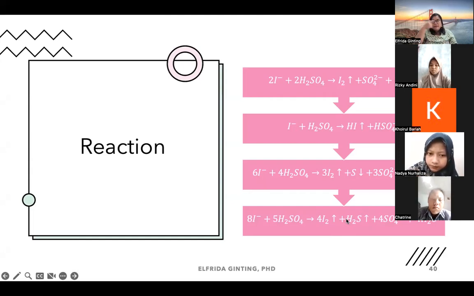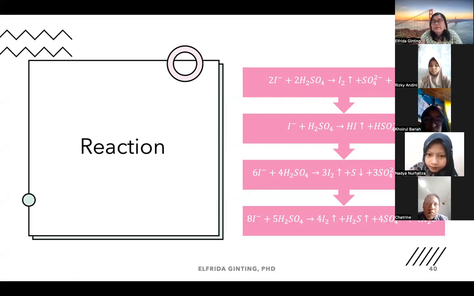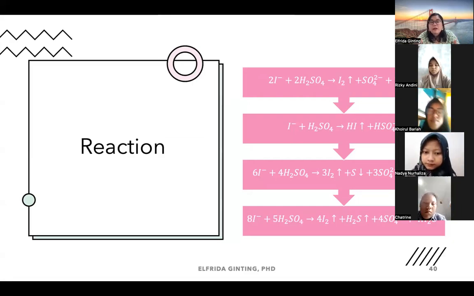So you can see here different proportions of sulfuric acid that you use to react with the iodide, then different amounts of gas, and also different types of gas will be produced. So this is one way you can detect iodide.